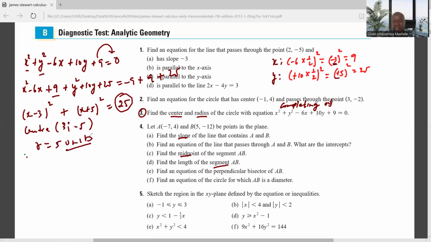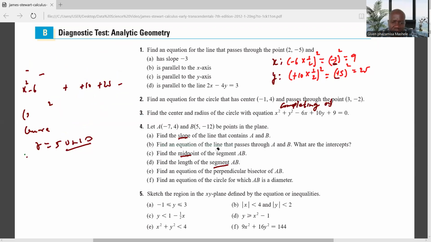So we got the center, and this is what we have actually learned in grade 12, but it's just the basics, ladies and gentlemen. Again, being able to understand inequalities is very, very important.